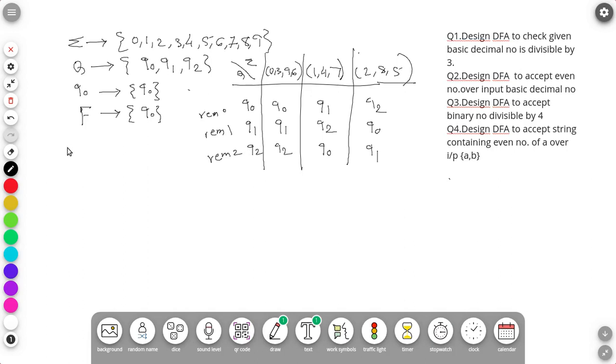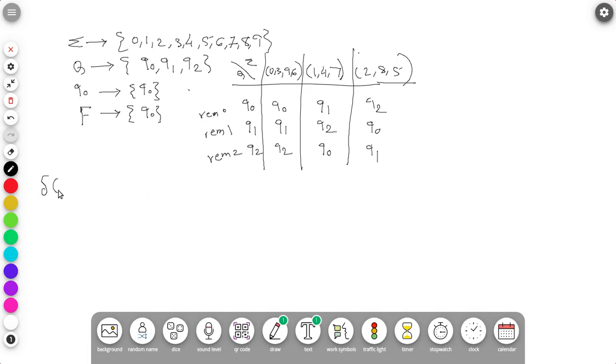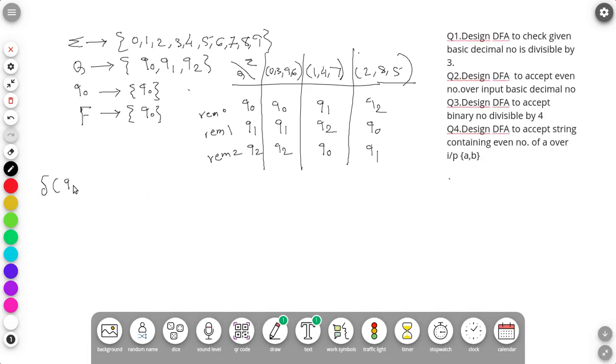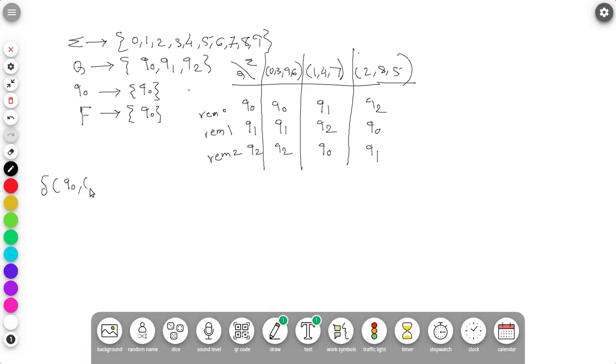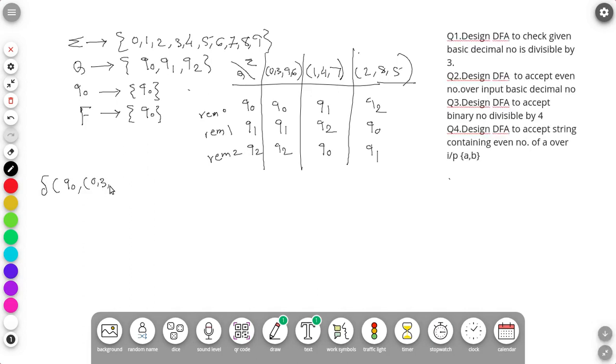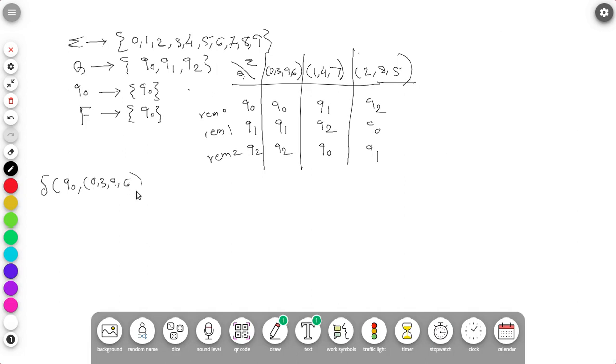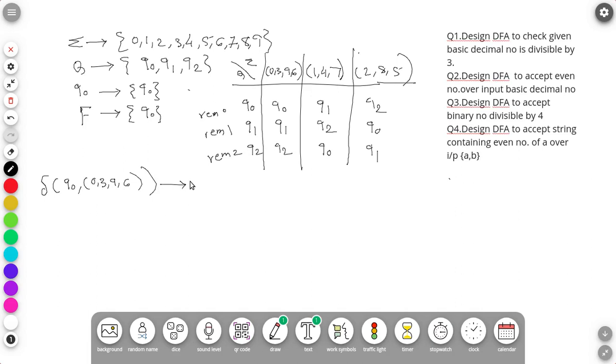So this is the state transition table. Now I have to write all the equations, called transition equations. The transition equation is written as delta with the state and the input. Q0 with these inputs 0, 3, 9 and 6 generates Q0, which we have already seen in the table.